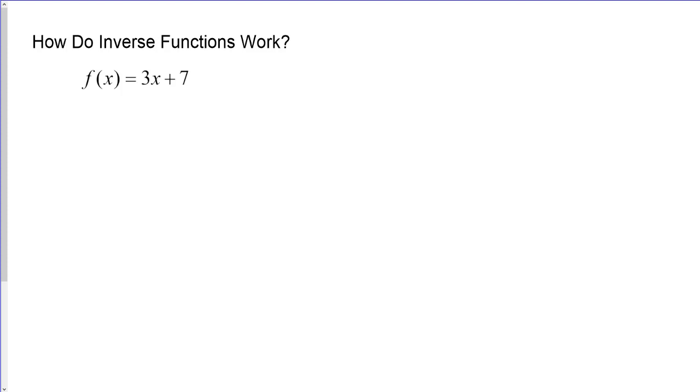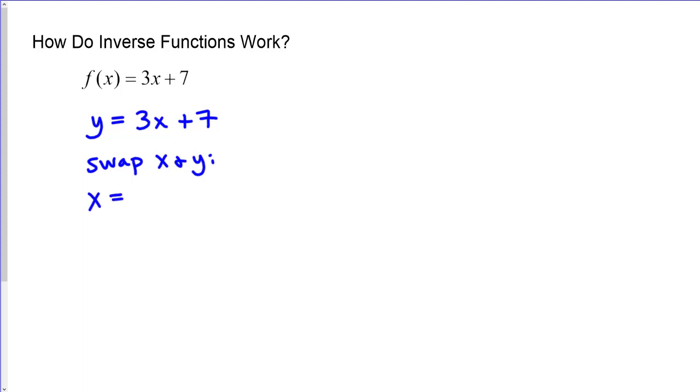So, if I have the function f of x equals 3x plus 7, it's a linear function. It's most definitely 1-to-1, so I can get an inverse for this function. Let's do that. So y equals 3x plus 7. Swap the x and y.